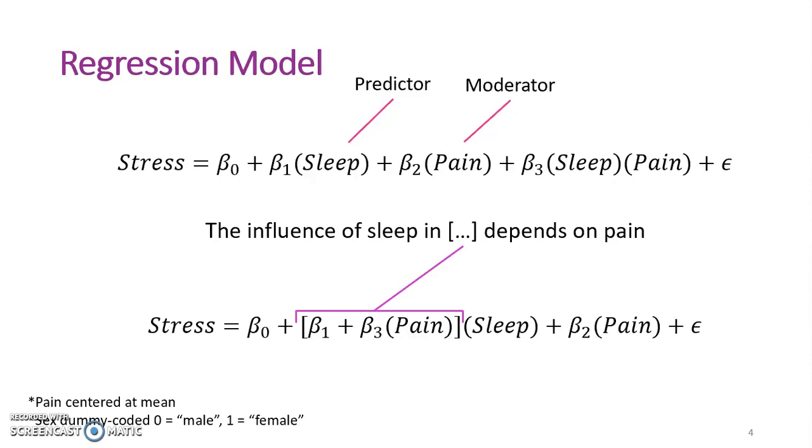And then our beta 3 coefficient is again the interaction coefficient relating the interaction between sleep quality and pain severity to stress. And then in the second equation, as we've seen before, I rearranged these terms so that we can see that the influence of sleep quality on stress depends upon pain. It's included in this bracket term that relates sleep quality to stress.